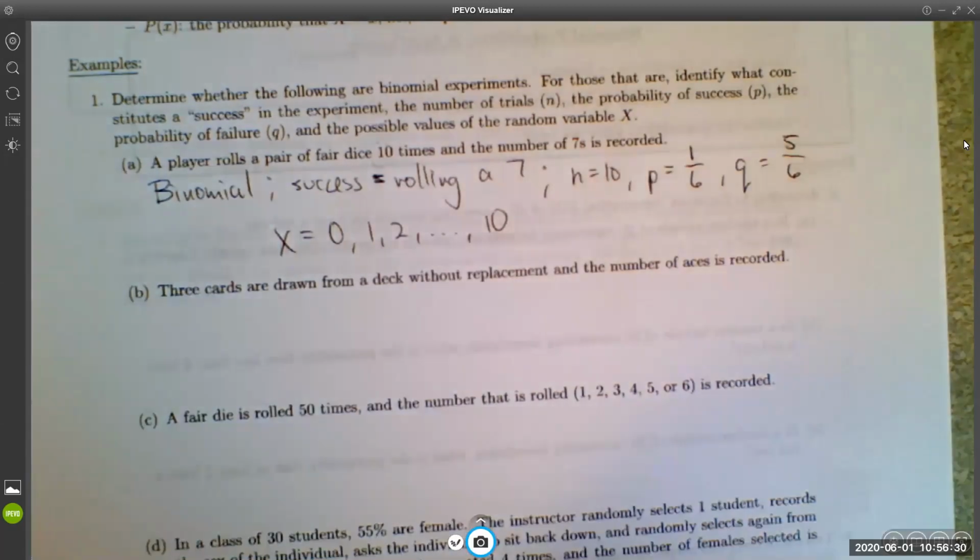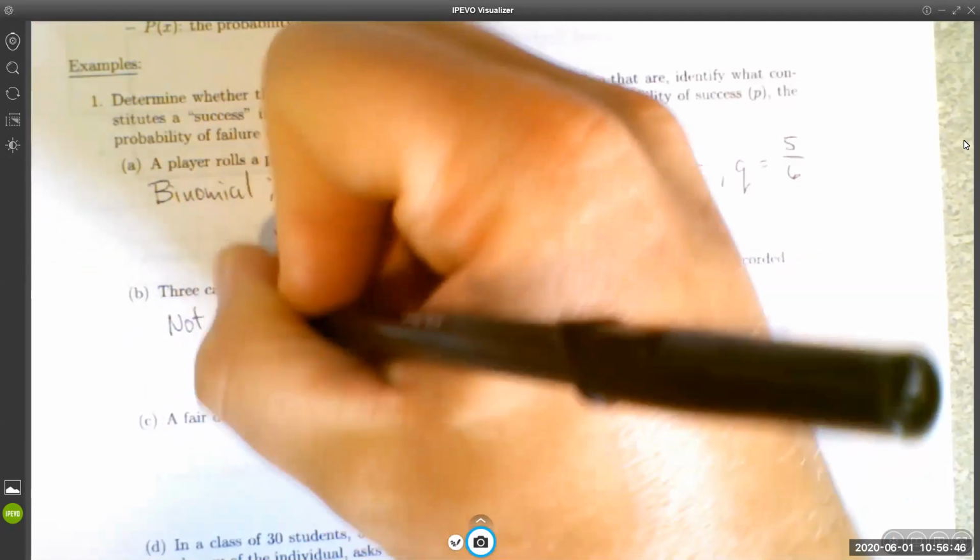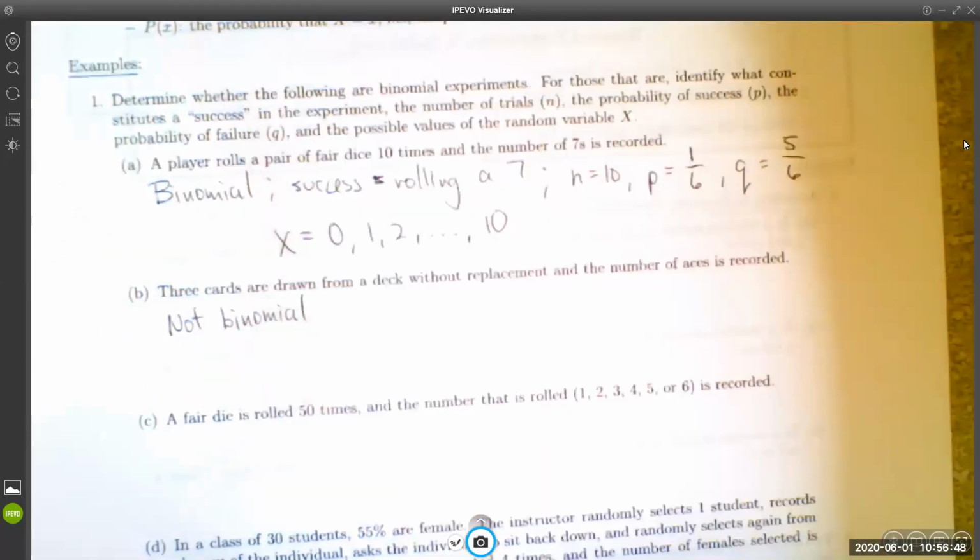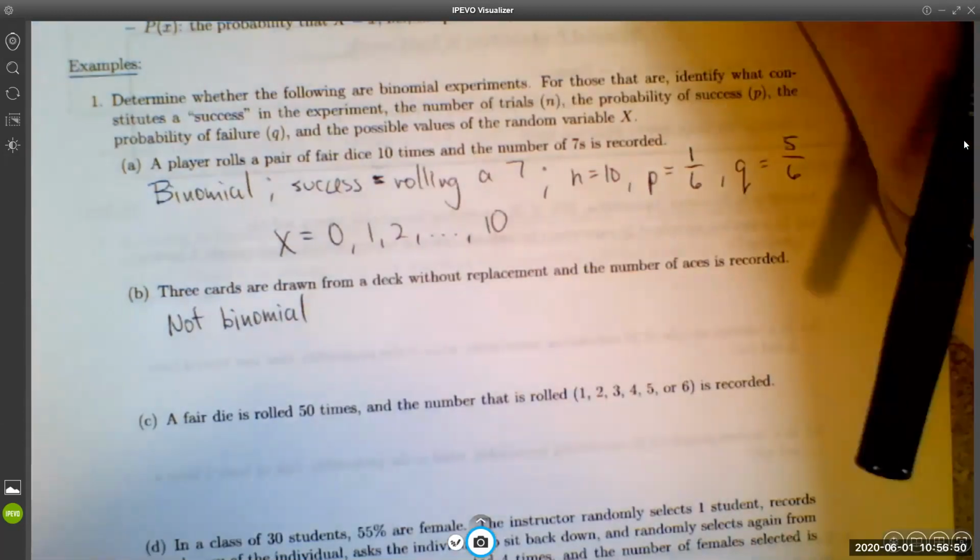Okay, so there's that one. Part B says 3 cards are drawn from a deck without replacement and the number of aces is recorded. Okay, so this one is not binomial. It's almost binomial, but it's not quite binomial.